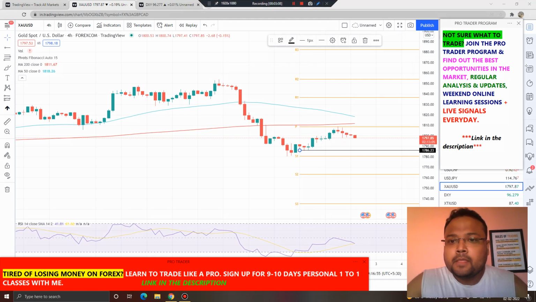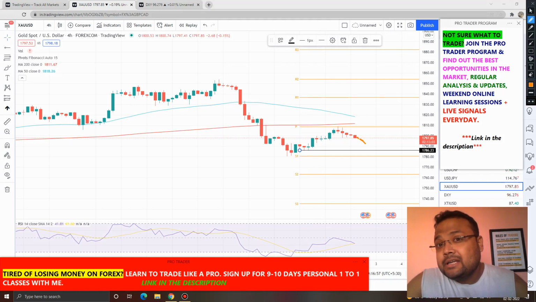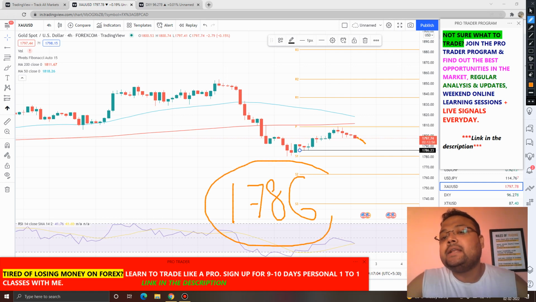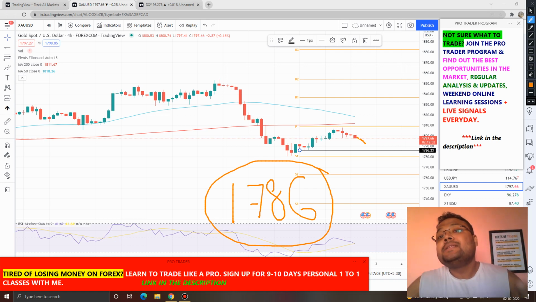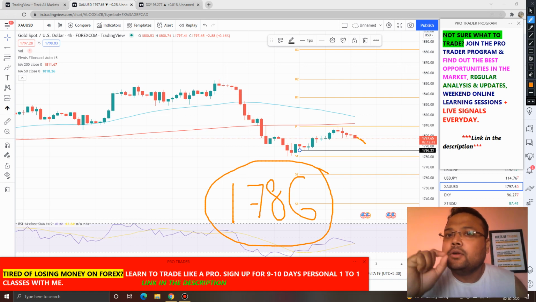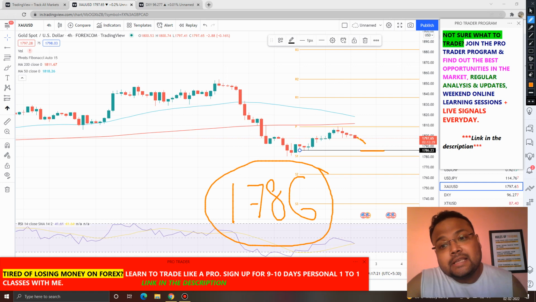So in case the downtrend continues in the market, instead of 1790, we may see 1786 providing the support to the market. Keep in mind, under normal circumstances, when there is no event or news in the market, and slowly the market is coming down, we may see a good reversal from the 1786 level.